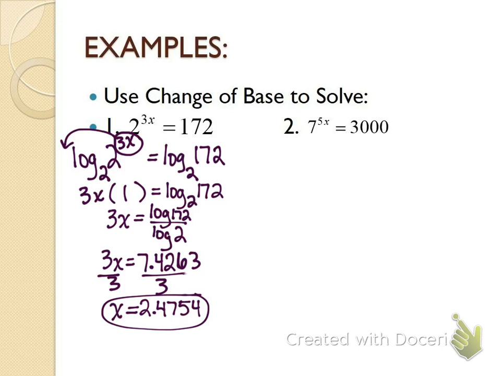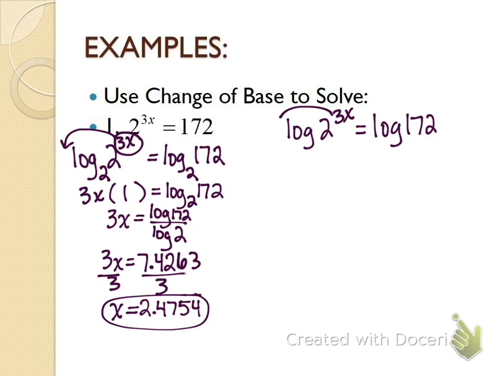Do we have questions about these steps? How would you do it the other way? Okay, like the way that we would have done it on Thursday, or Wednesday? So we would have had log base 10 of 2 to the 3x equals log base 10 of 172.